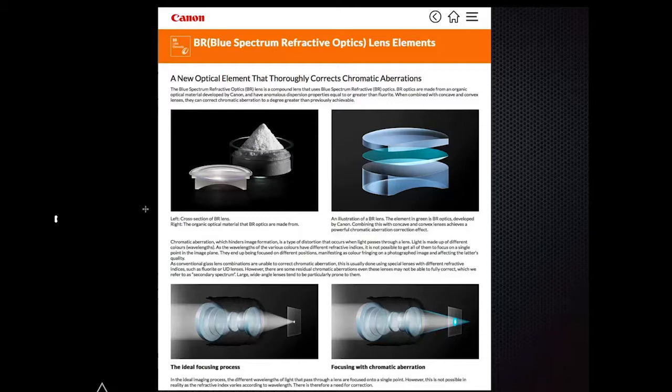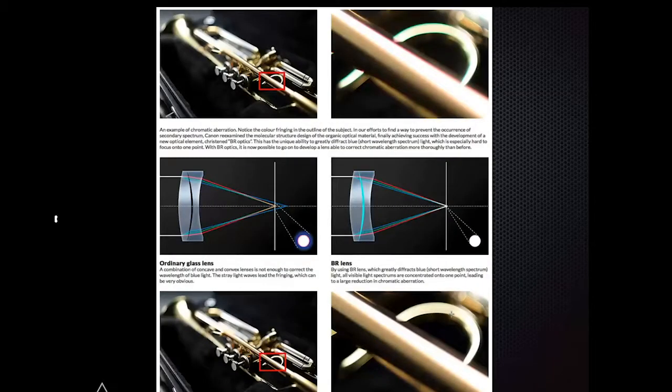This is something called BR, blue spectrum refractive optics, some technology that Canon has. Doesn't matter. The point is, if you take a look down here, they are working real hard to bring that light to a smaller focus point. They're using newly developed technology that only they have and that they invented. And they've shown a couple of examples here so that we can see the difference.